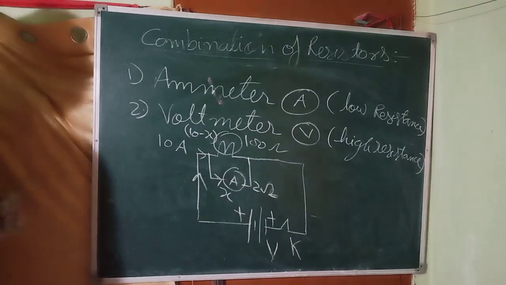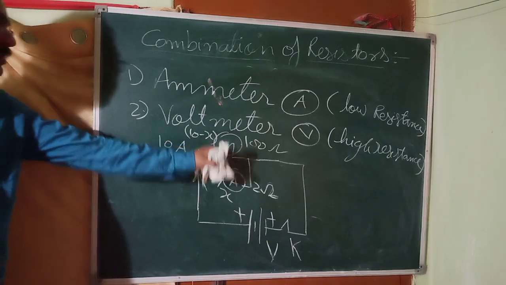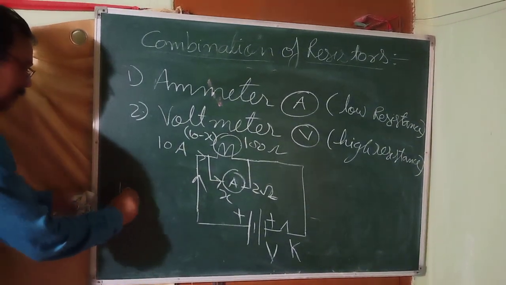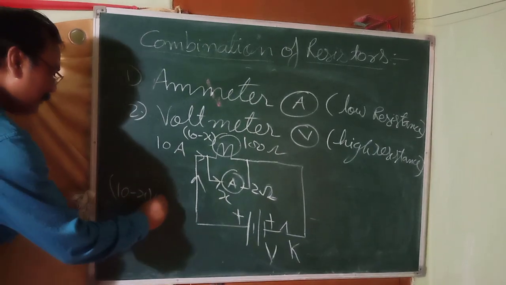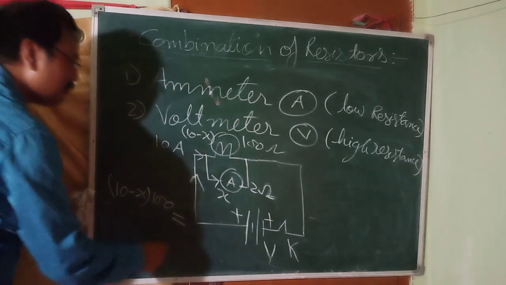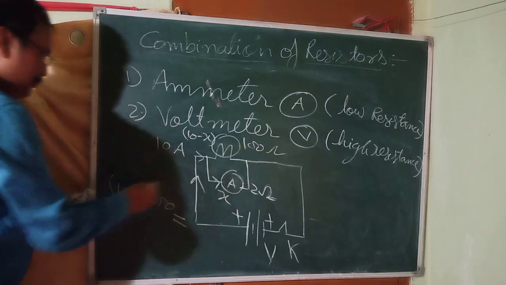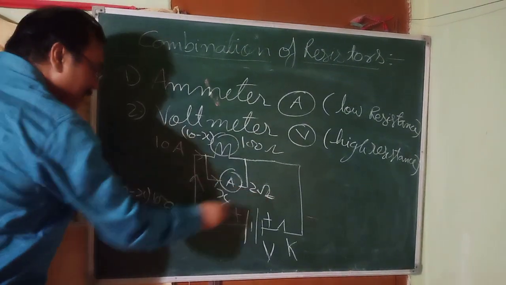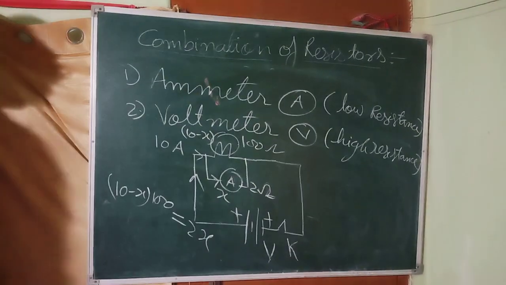But we know that in parallel the potential difference remains the same. So we can write: (10 minus X) into 100 is equal to the potential difference across the ammeter, I into R, that is 2X.